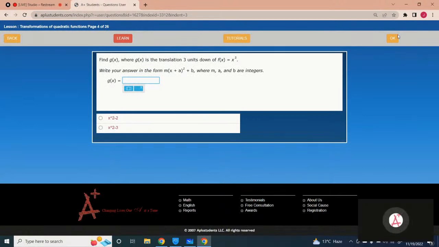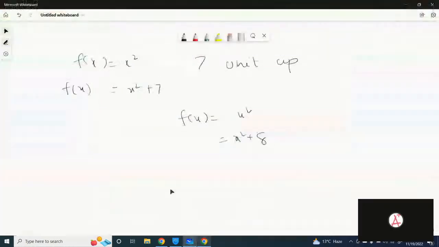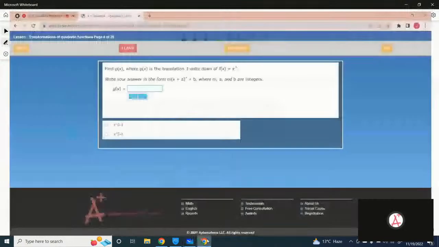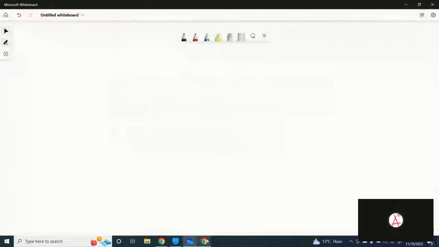Okay, now you have to translate 3 units down. Got it? Whenever you have to do a down translation, f of x equals x square, and you have to translate down.